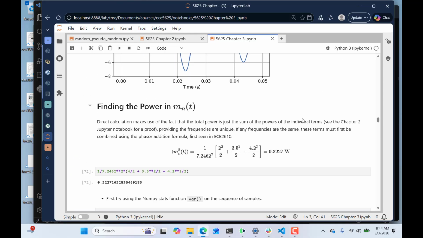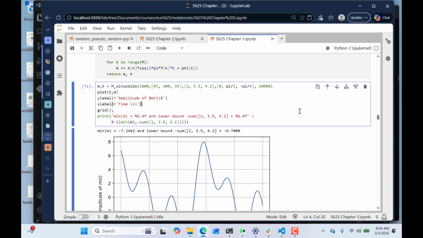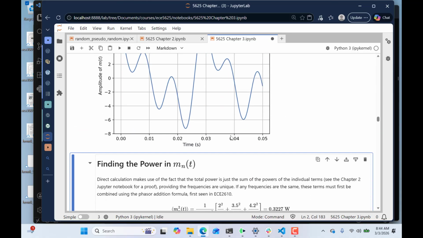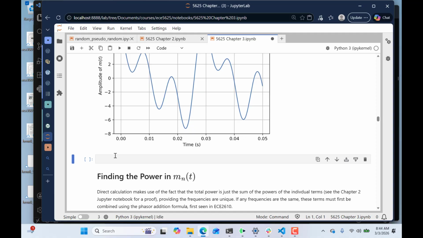So up here, I created this. Let's make sure it's still created. Let's see.